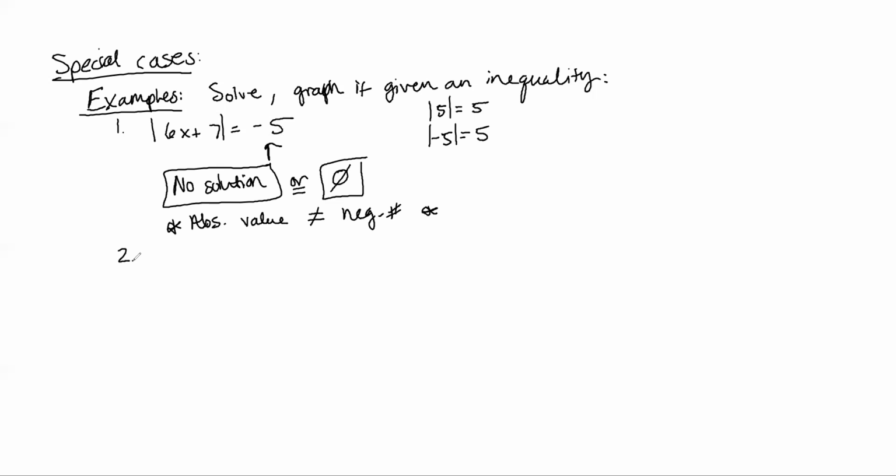Let's take a look at another one. Absolute value of 7x plus 12 equals 0. Now with this one, it's not equal to a negative number, it's equal to 0, which is actually perfectly fine because the right-hand side has to be non-negative, meaning it could be a 0 or a positive number. But if we were to split this one up, we get 7x plus 12 equals 0.